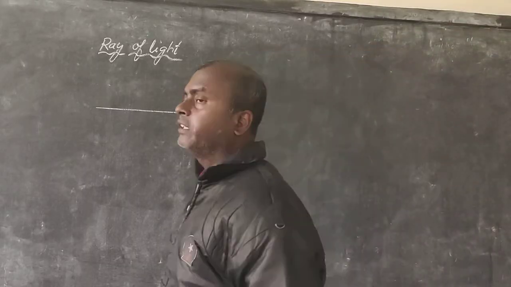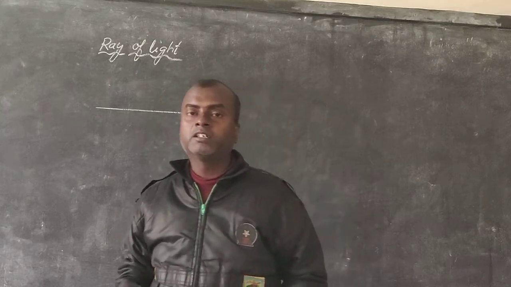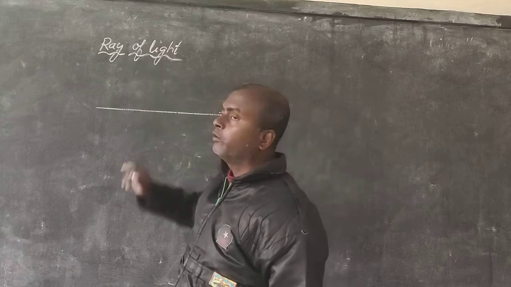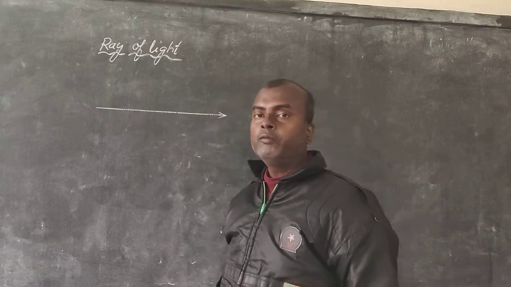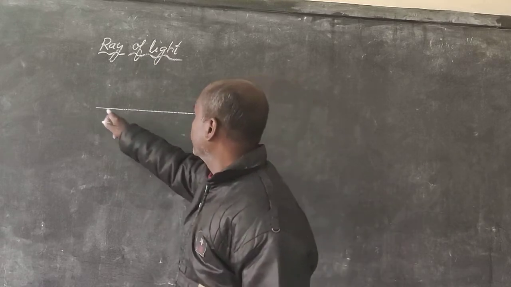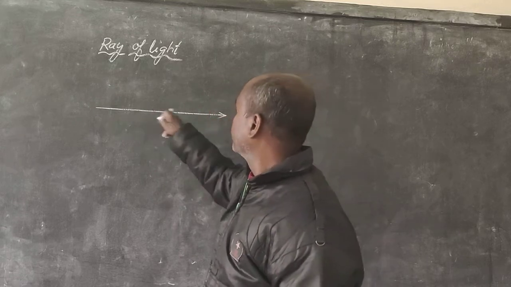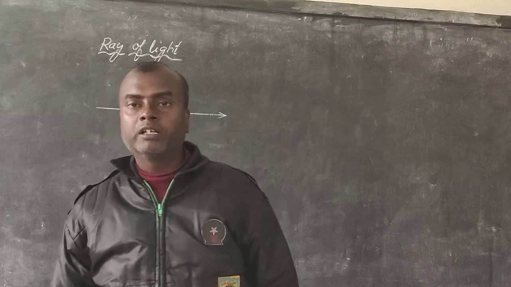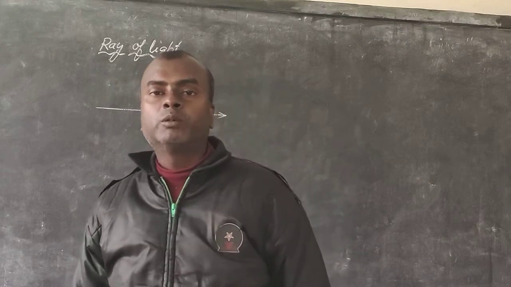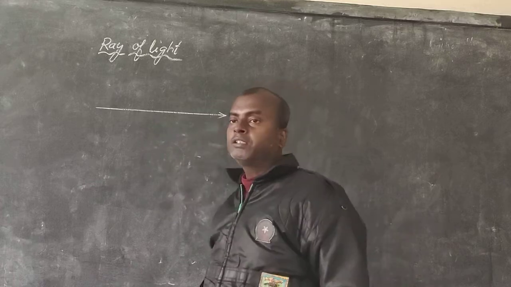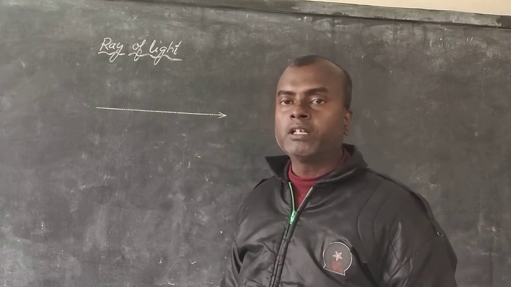Now we are studying rectilinear propagation of light, right? So, in regards to that, we have to know what a ray of light is. A ray of light is a straight line with an arrowhead. Now, we know that light travels in a straight line, right? So, this straight line denotes the path of light, and the arrow tells us from where to where the light is traveling.